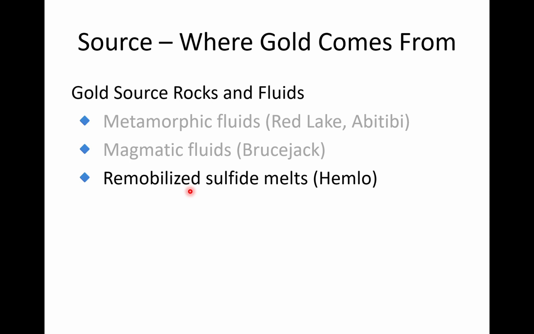Additionally, deeply circulating meteoric water can leach gold from broad areas of rocks. Ultimately, any effective gold deposit requires a large metal source, either a voluminous package of crustal rocks undergoing metamorphic dehydration or a sizable magmatic hydrothermal system to supply enough gold into the ore-forming fluids.